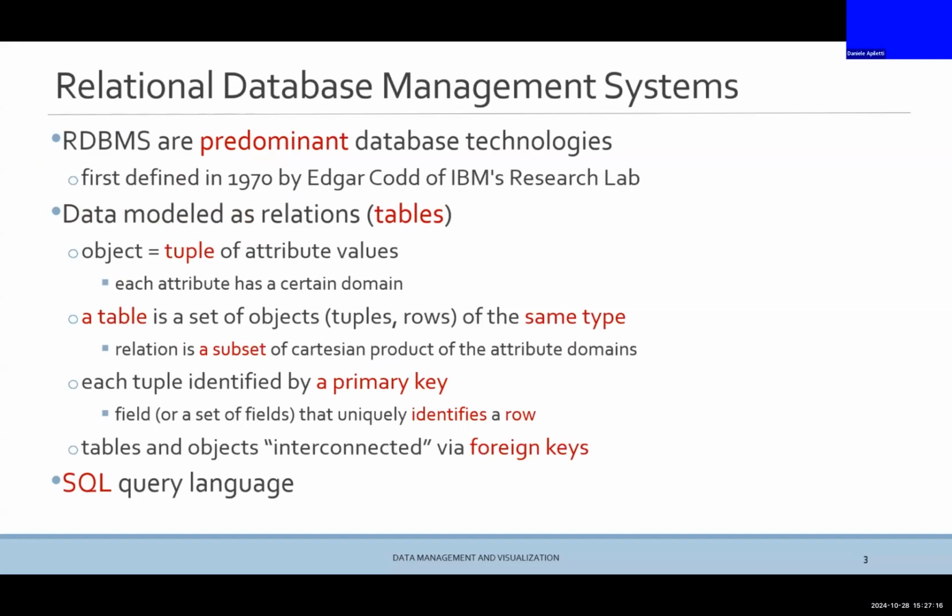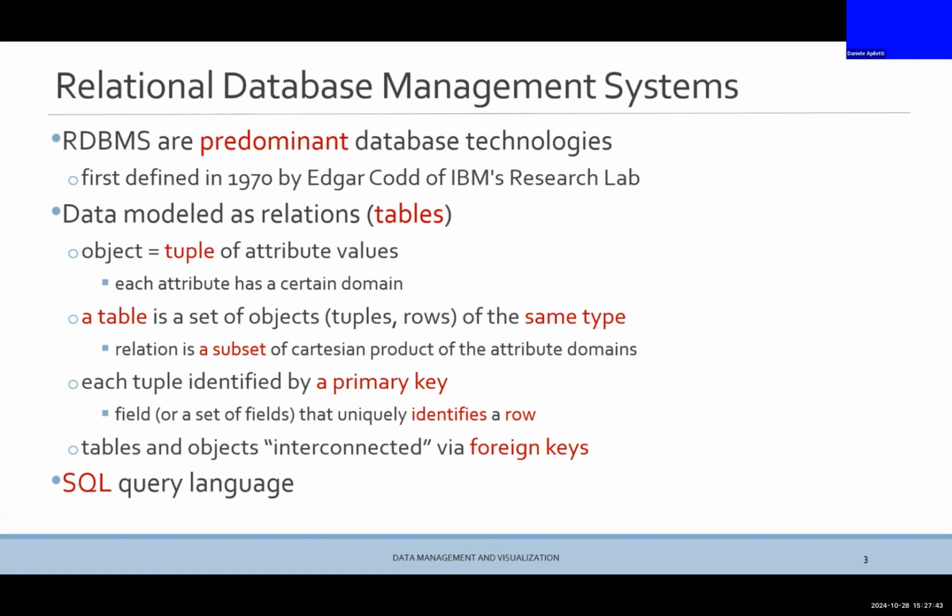How were relational databases born? They were born a long time ago. We are talking about the 60s, the 70s, and they became the predominant, they are still the predominant solutions for managing data. Before them, there were some kind of hierarchical modeling or other stuff we don't even remember.